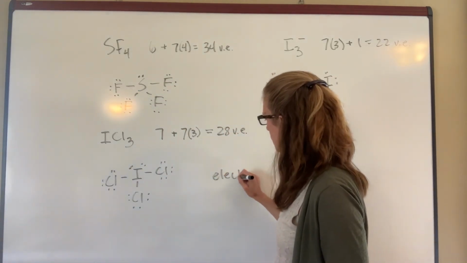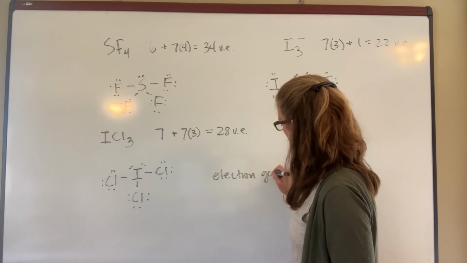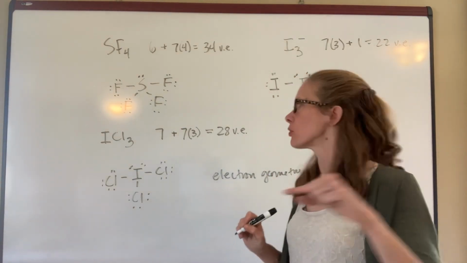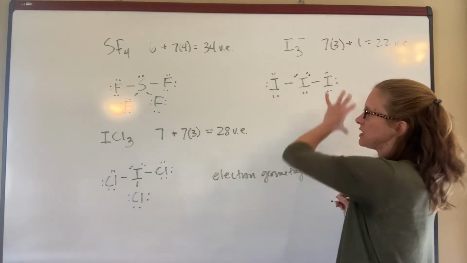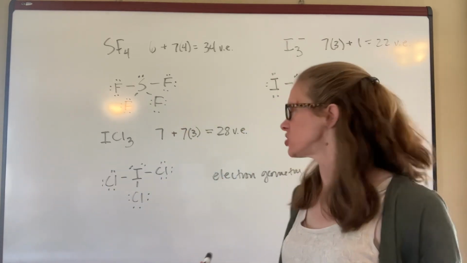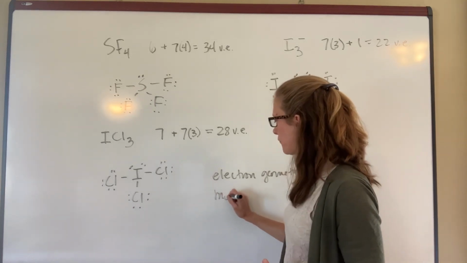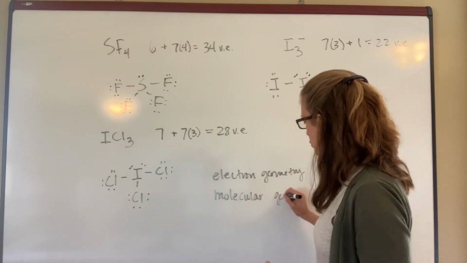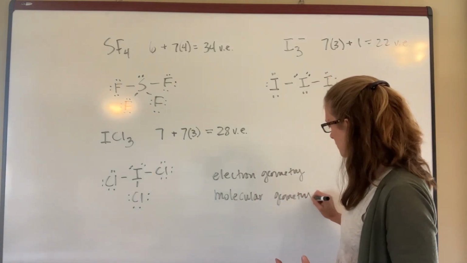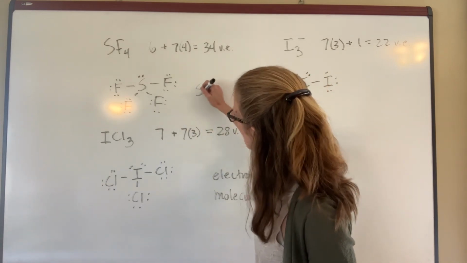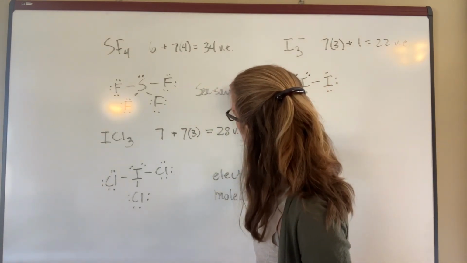One's called electron geometry, and it's based strictly on the number of things that are around it. So every single one of these has a trigonal bipyramid electron geometry. But then if I look at the molecular geometry, that's where I look at just specifically the atoms that are there. So this one is a seesaw.